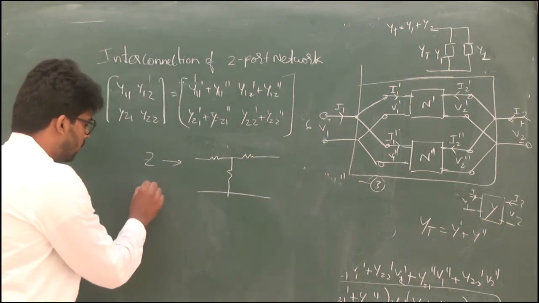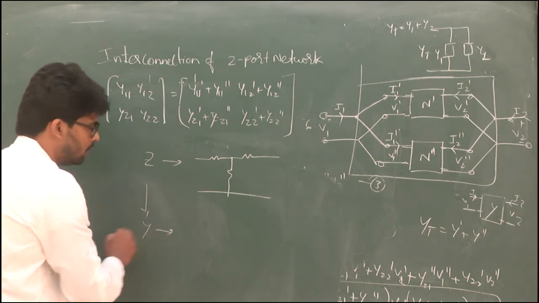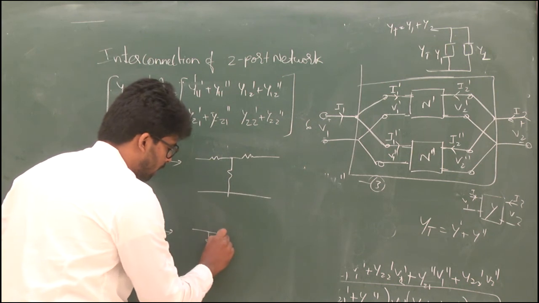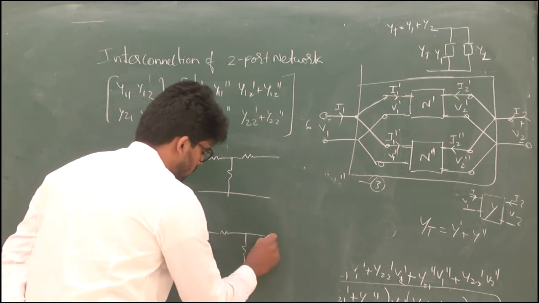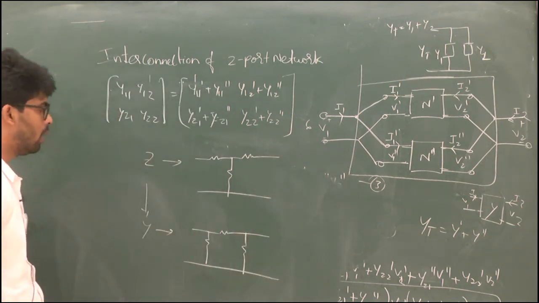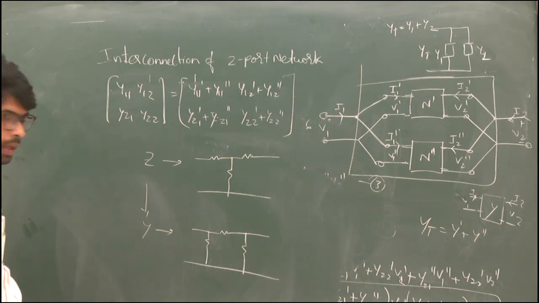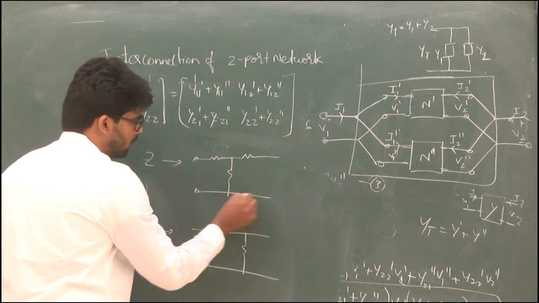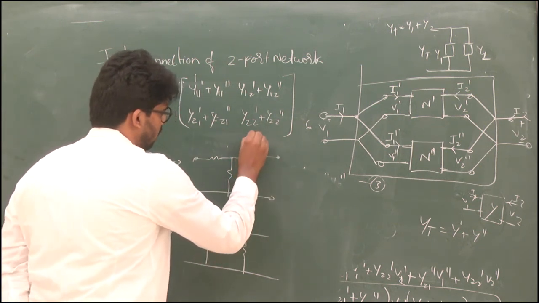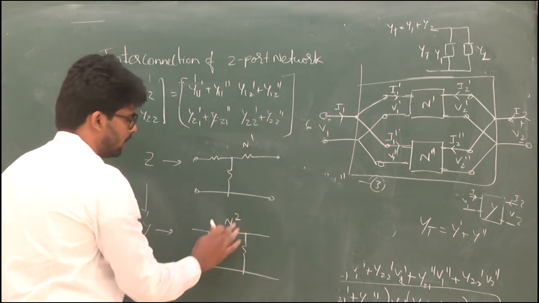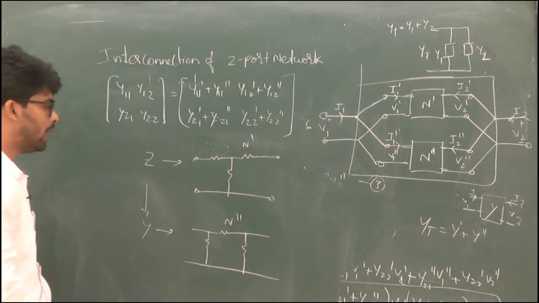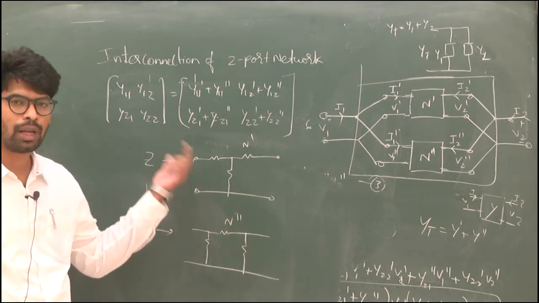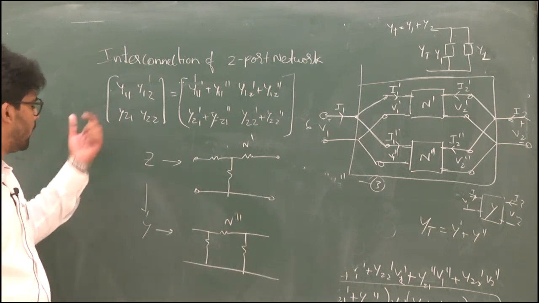Now, to find the Y parameters, whatever circuit is given to you, you convert it into a pi circuit. Now if a question is asked like this, for example, this is network 1 and this is network 2. These two networks are connected in parallel. Find the overall Y parameters.